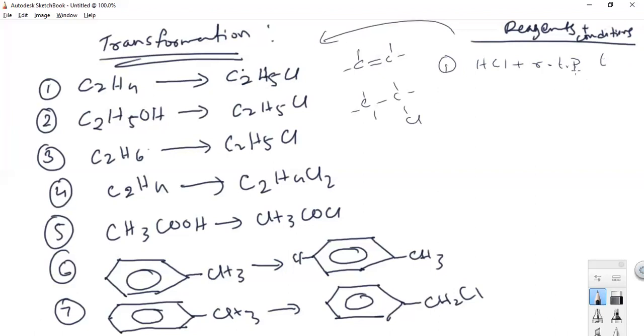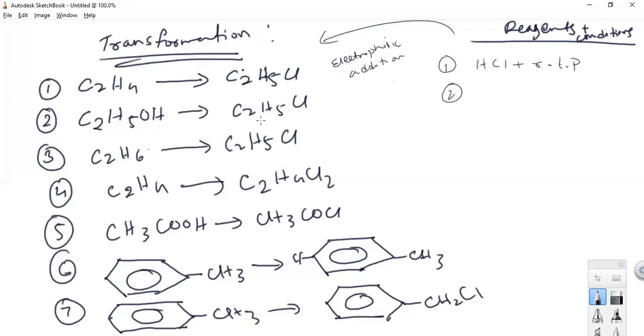They didn't ask you to write what type of reaction it is, but for your learning you can write that this is electrophilic addition.